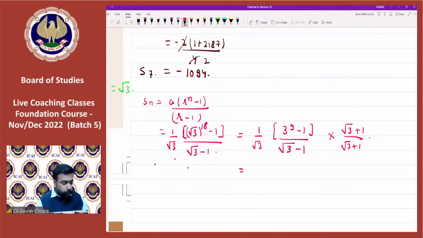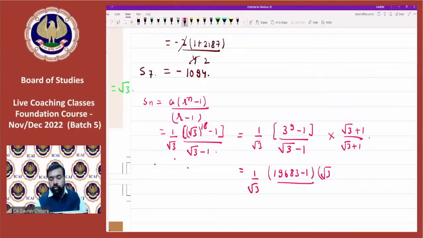So what is 3 to the power of 9? 19683 minus 1. Then what is left? Root of 3 plus 1 divided by. Now, in denominator, we can apply the identity a minus b into a plus b. So it will become a square minus b square.